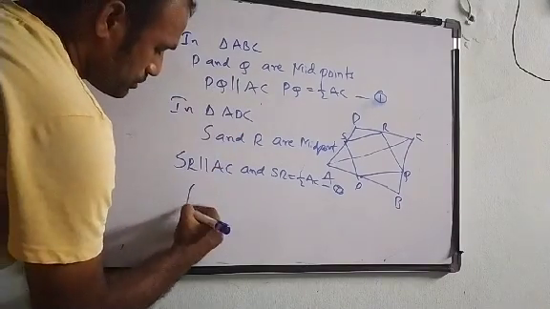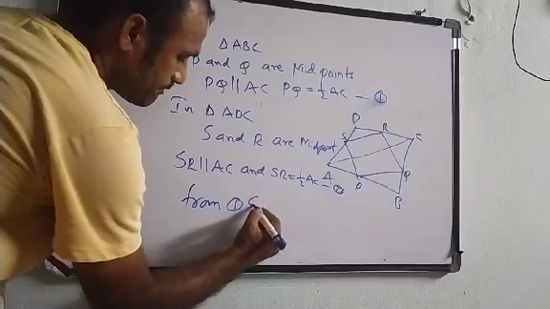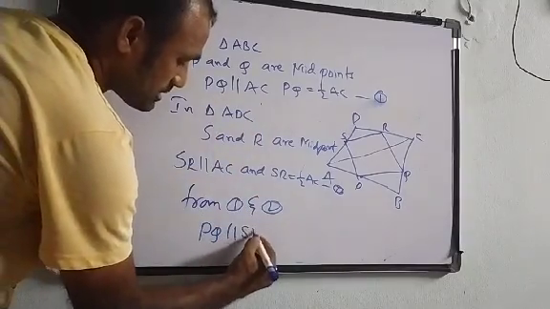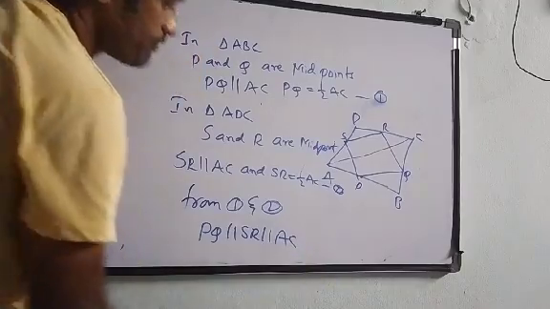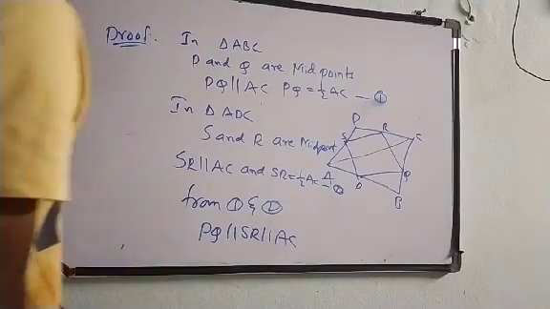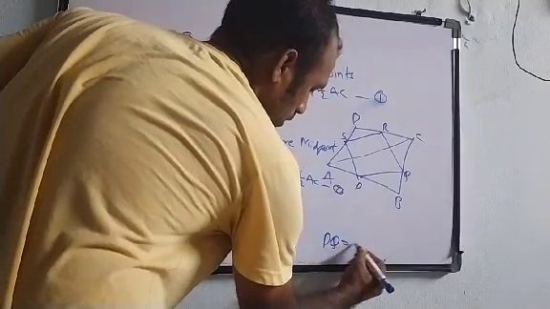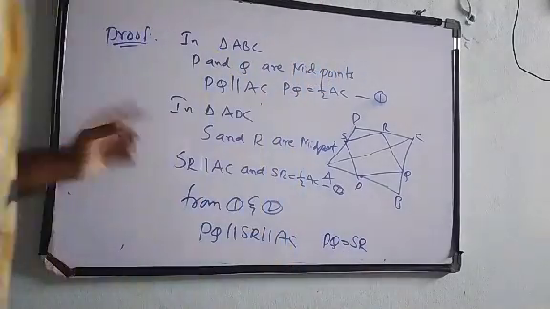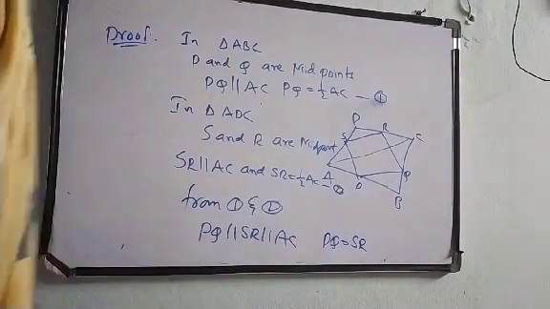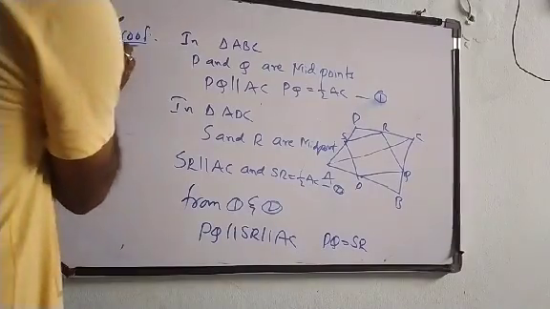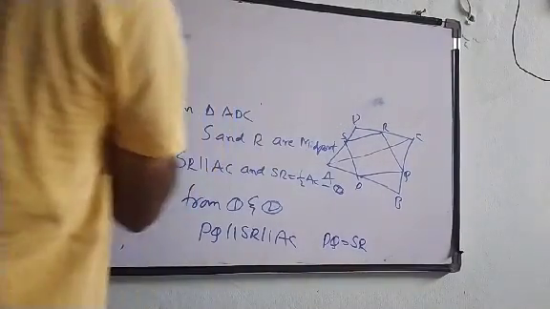So from 1 and 2, PQ is parallel to SR, which is parallel to AC, and PQ is equal to SR. So the first proof is over. Now the third one.